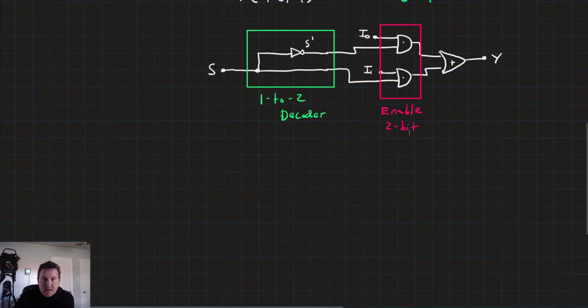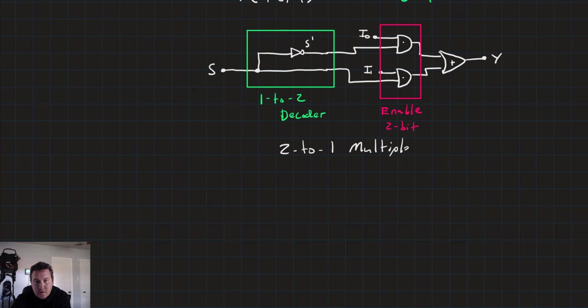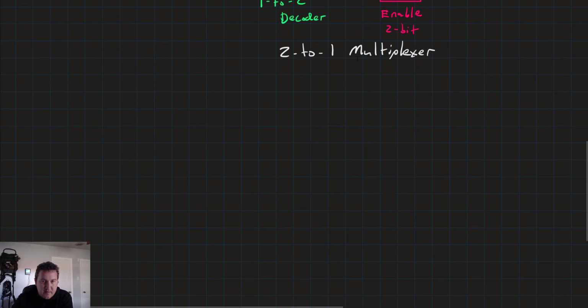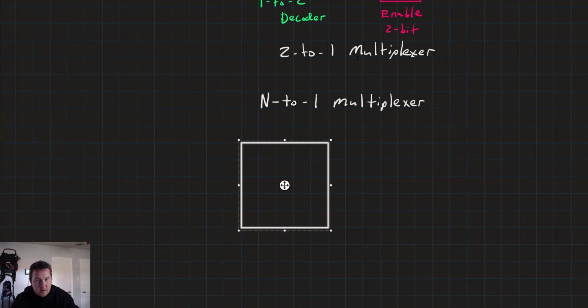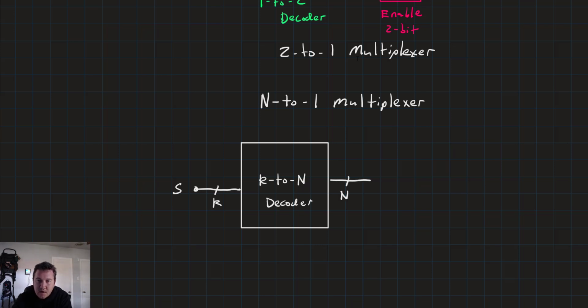So let's see what that template looks like. This particular circuit that we just built is called a 2-to-1 multiplexer. If we were to have an n-to-1 multiplexer, where n could be some number, it might look something like this. We'd start with a k to n decoder, which is going to take a select signal S that is k bits large, and it will produce an n-bit decoded signal.